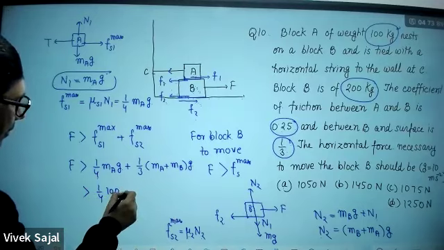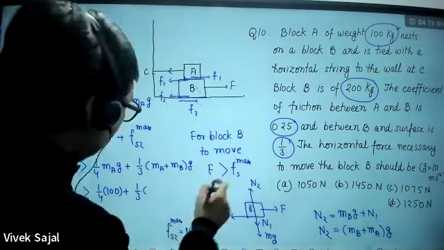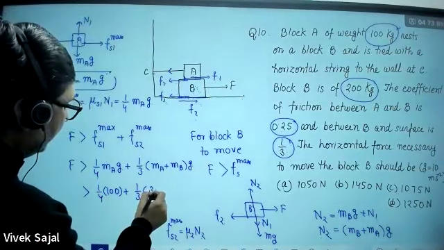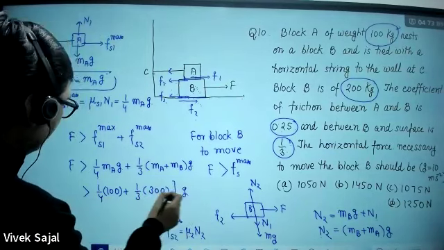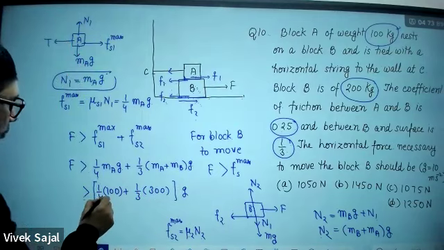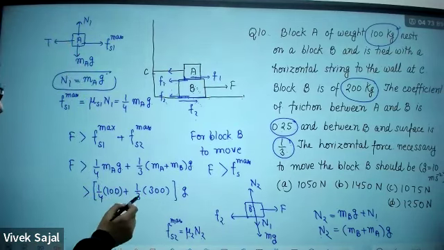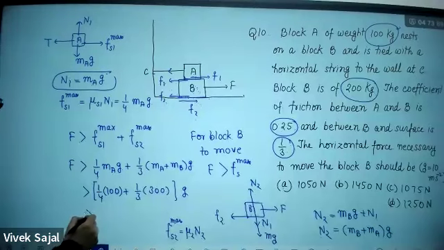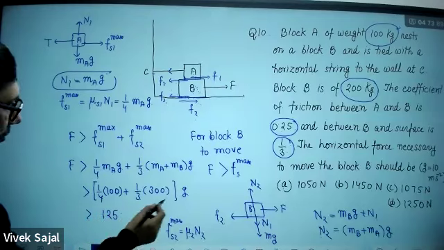Okay, G I will take common, plus 1 by 3, and this will be 100 plus 200. So this will be 300. And G is common to both. So this is 25 plus 100. So this will be 125. Into G, so G will be 10.